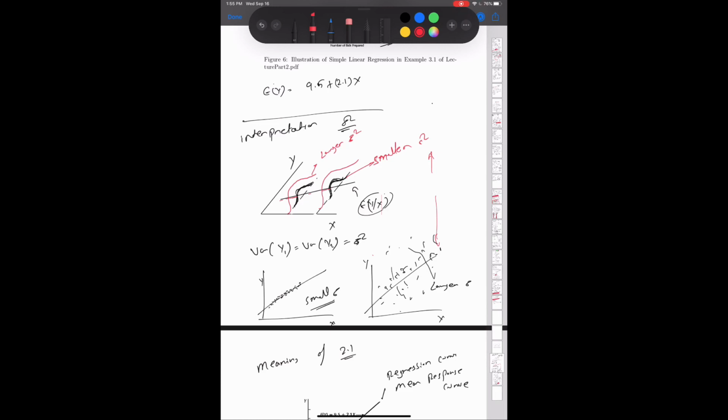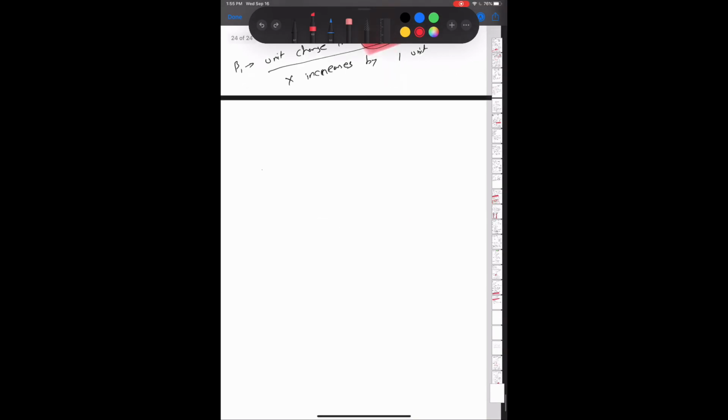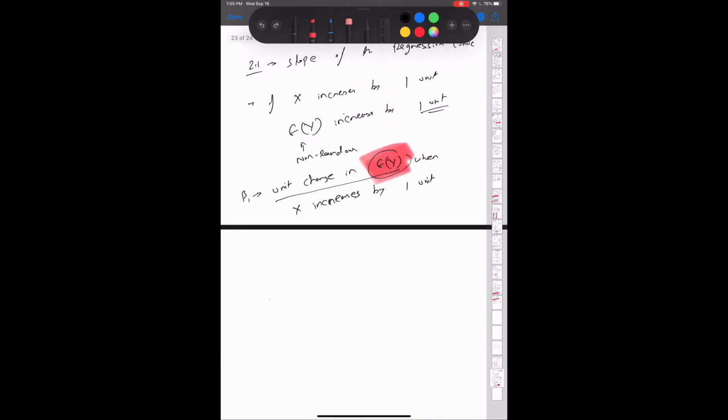Let me hammer this meaning a little bit more, and let me talk about the unit. Why is beta 1 representing the change in the expectation of y and not y? So let's look at this very simple data set.